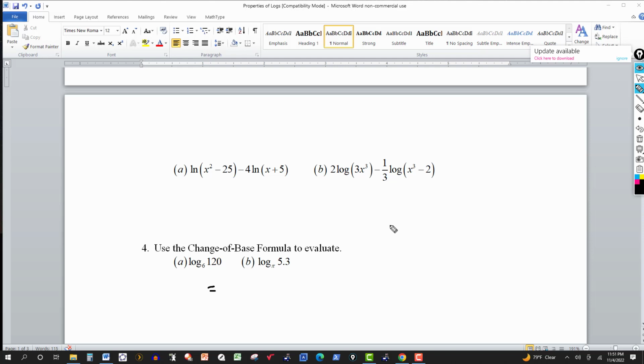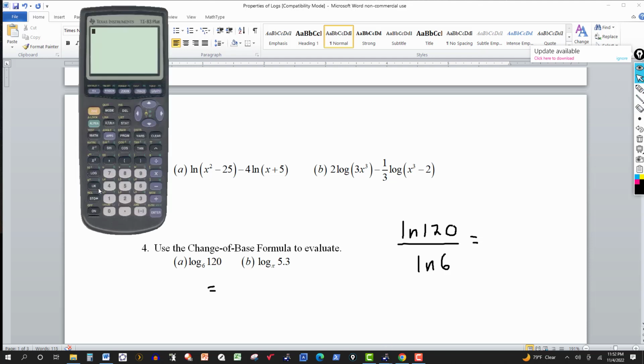So again, in the change of base formula, you pick the base, and normally the one you're going to pick is either base 10 or base E, because that's what your calculator has. So I'm just going to use base E or natural log, so it'll just be the natural log of whatever this number is, 120, divided by the natural log of whatever that base is. So it's natural log of 120 divided by the natural log of 6. And then you just use your calculator.